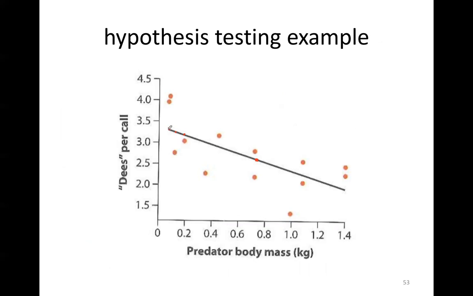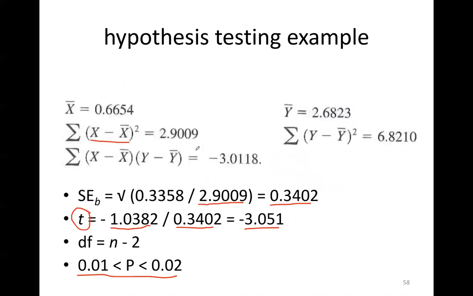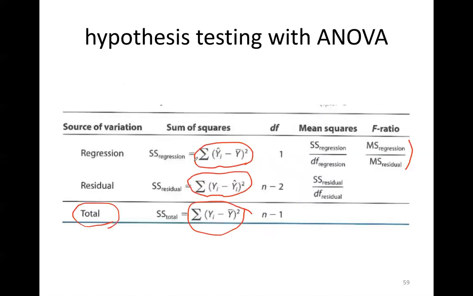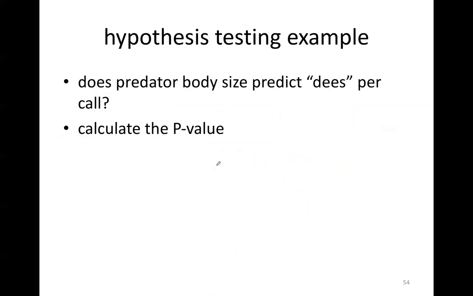Those differences, if I draw a horizontal line here, would be these ones, and here, and so on. So this is the regression sum of squares, as opposed to residual sum of squares.